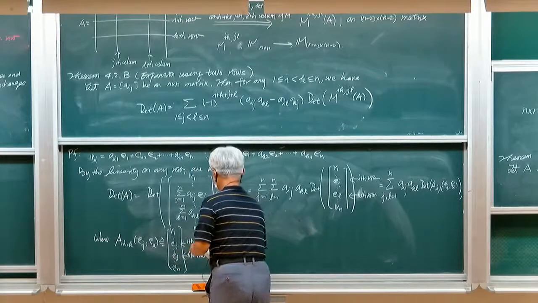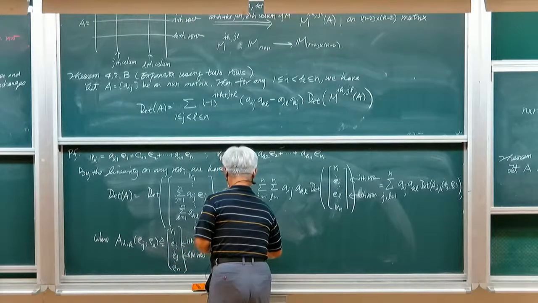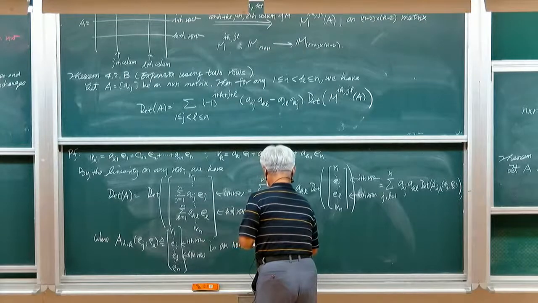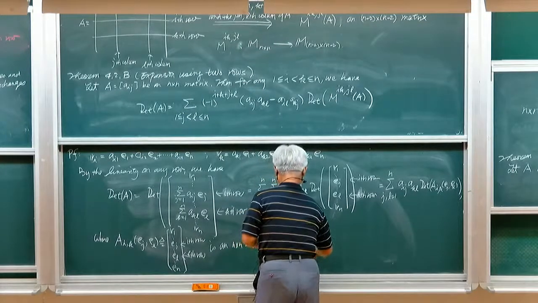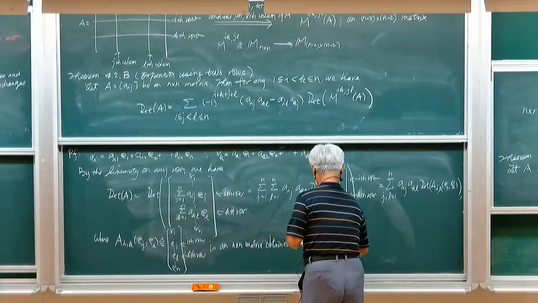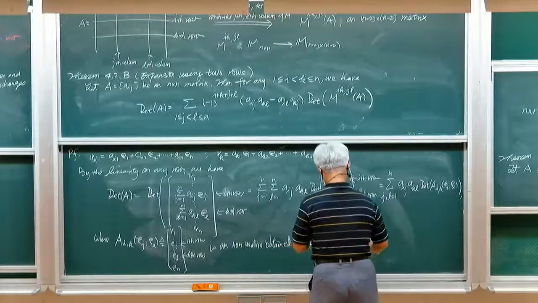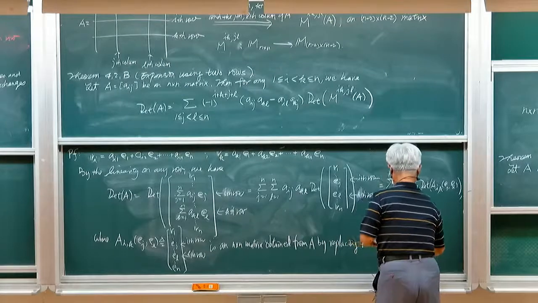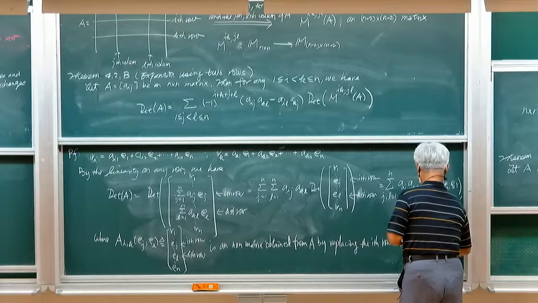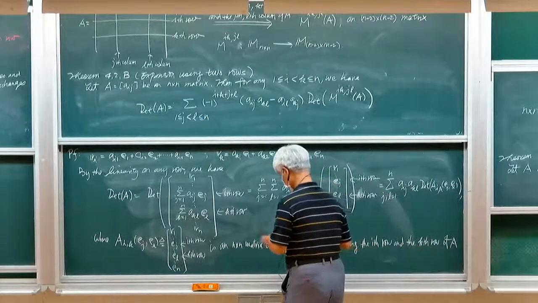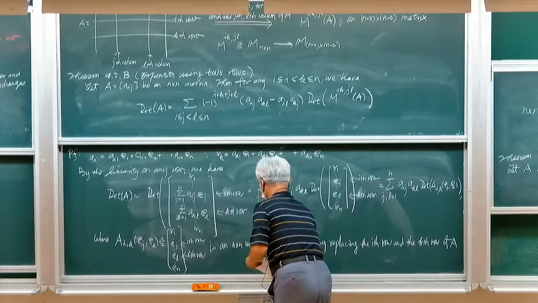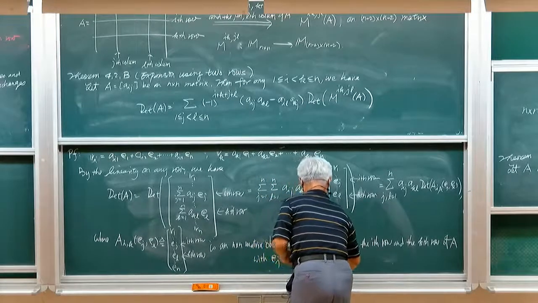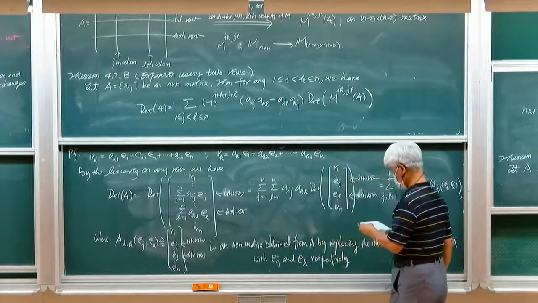So this is an n times n matrix obtained from A by replacing the i-th row and the k-th row of A with e_j and e_l respectively.